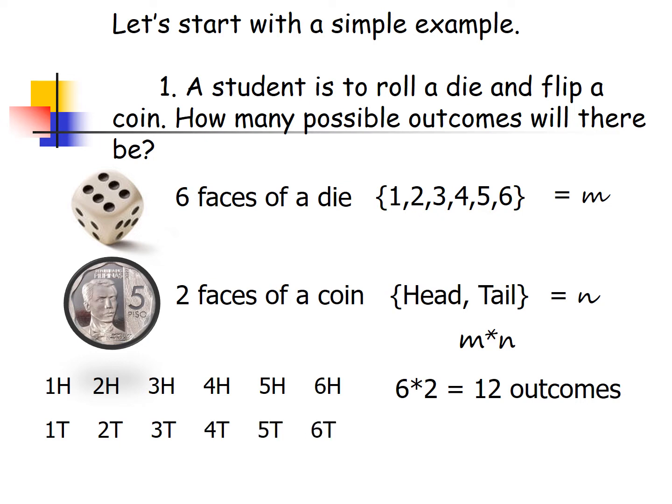So, i-add ko itong lahat. 1, 2, 3, 4, 5, 6, 7, 8, 9, 10, 11, 12. So, eksakto, there are 12 outcomes. So, ang sagot natin is correct. Yan. So, diba? So, mas naintindihan nyo na ngayon kung paano ma-determine ang number of outcomes or number of ways. And this is about permutation.